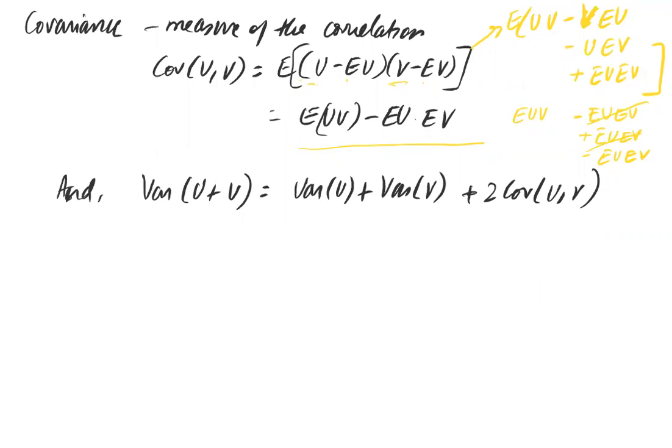And we can also write variance of U plus V as variance of U plus variance of V plus 2 times covariance of UV. Just remember this result.